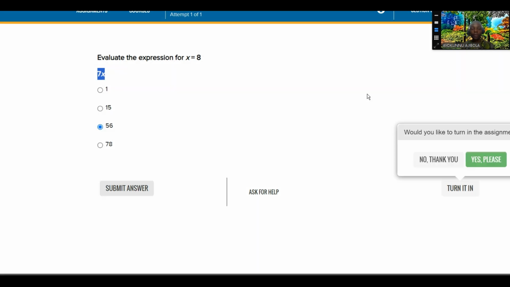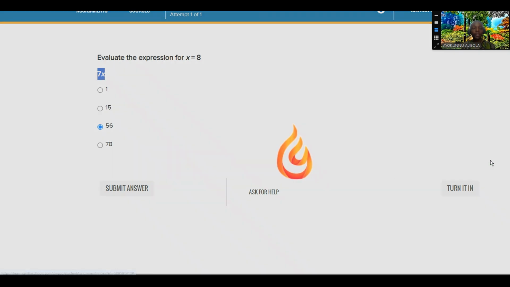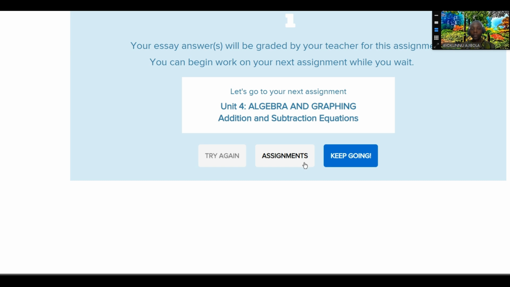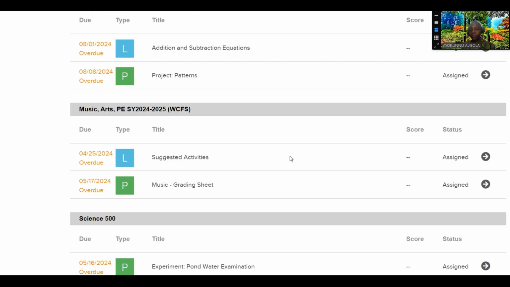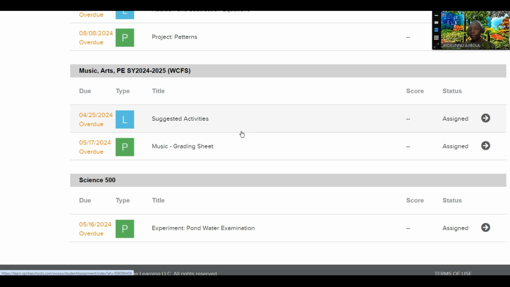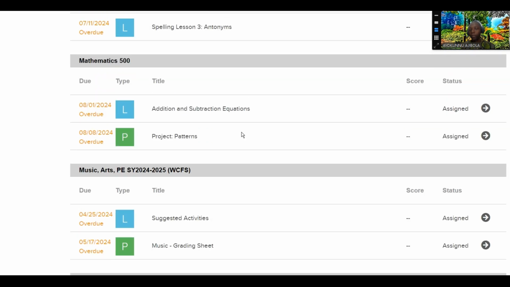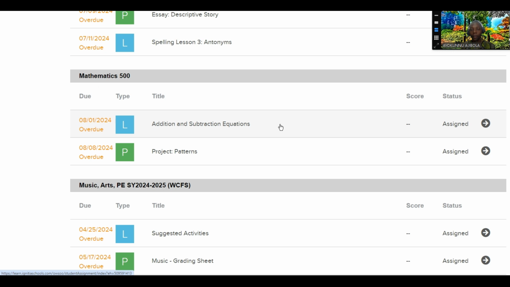So we are done with this test and we want to turn it in. So I said it will be graded. Let's check more assignment before we round up for today, okay? Let's see. Under mathematics, we have addition and subtraction.